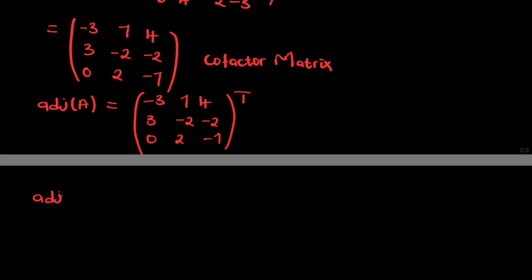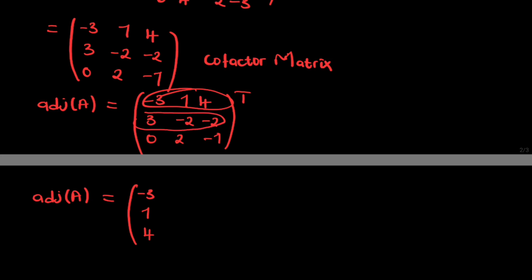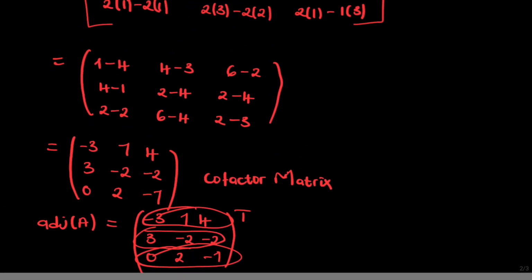So finally, the adjoint is, now the rows become the columns. The first row becomes the first column. The second row becomes the second column. And the third row becomes the third column. And that is the adjoint of the matrix.